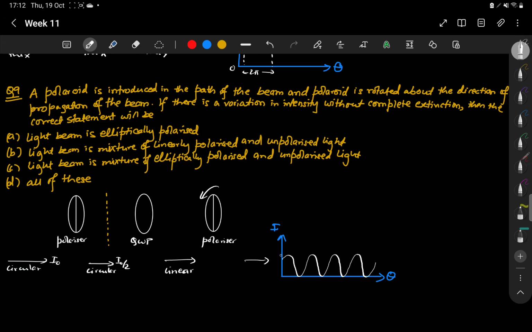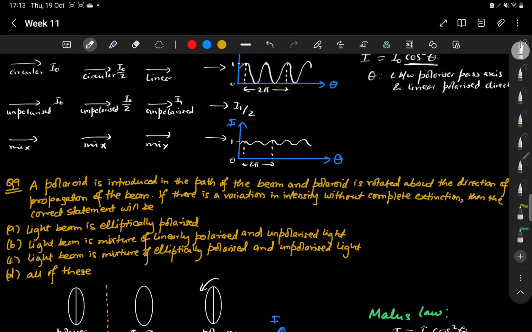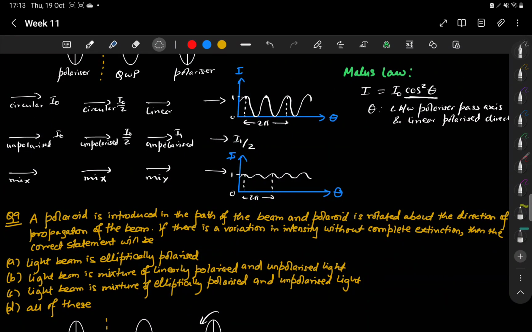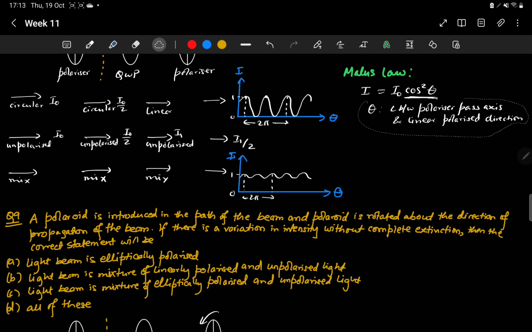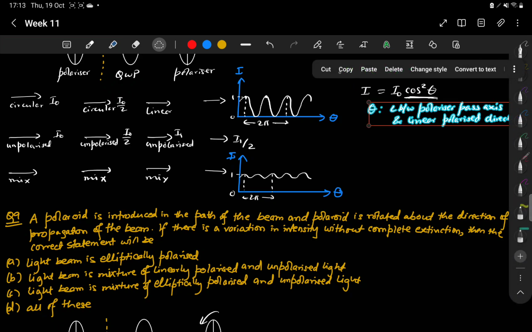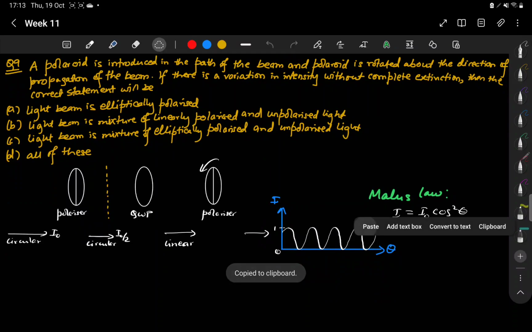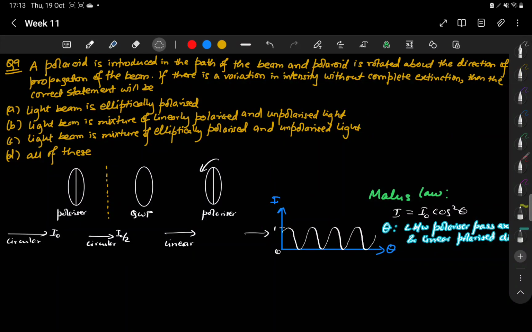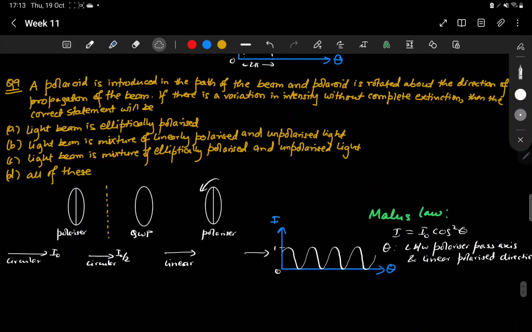Okay, that's my best attempt. 0. And once again, this is coming from Malus law, which says that the output intensity is I naught cosine squared theta, where theta is the angle between polarizer's pass axis and linear polarized direction.